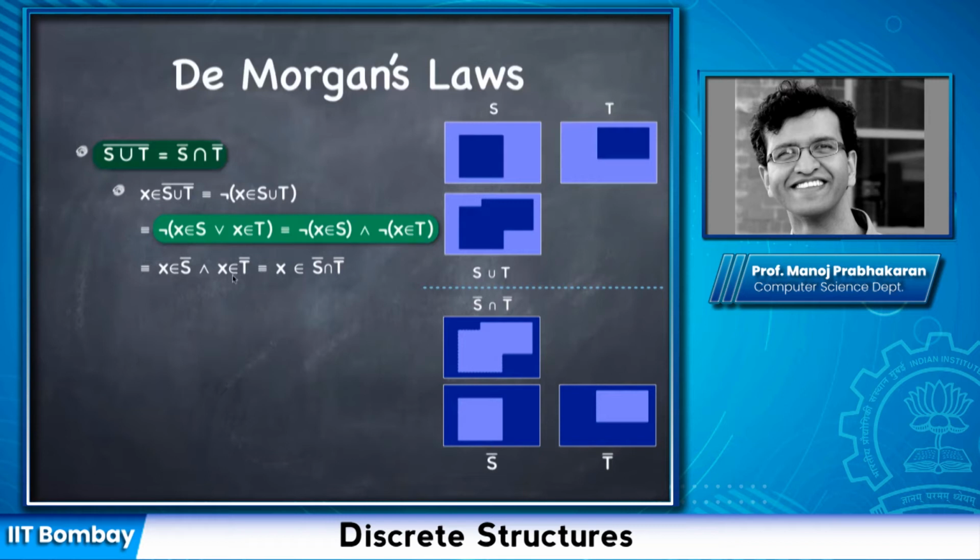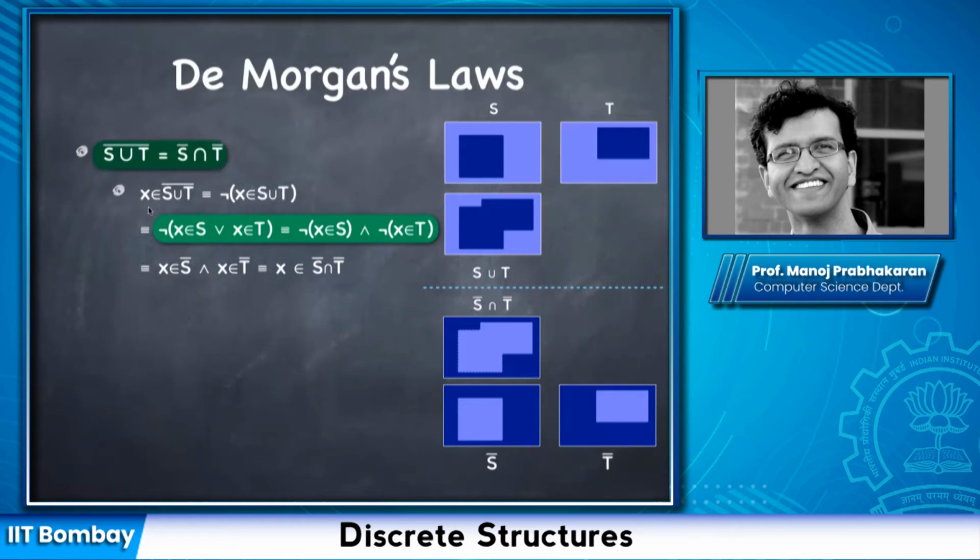Or in other words, now I use the definition of the intersection in terms of membership predicates. And I get that x is in an intersection of two things, by definition, if x is in the first one and x is in the second one, right?